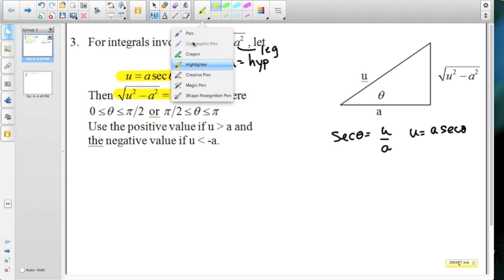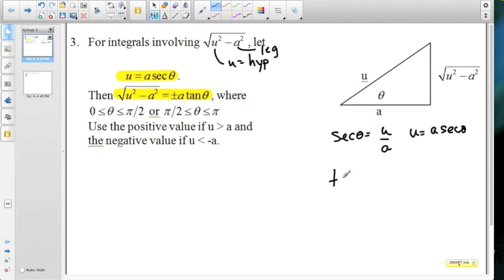With the opposite side being the radical and the adjacent side being the value a, when we solve for the radical, we get the square root of u squared minus a squared equals a tan theta.